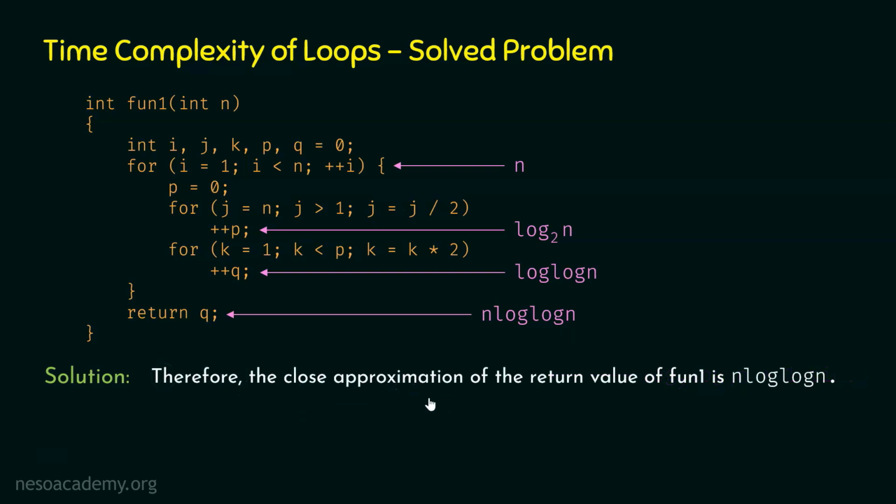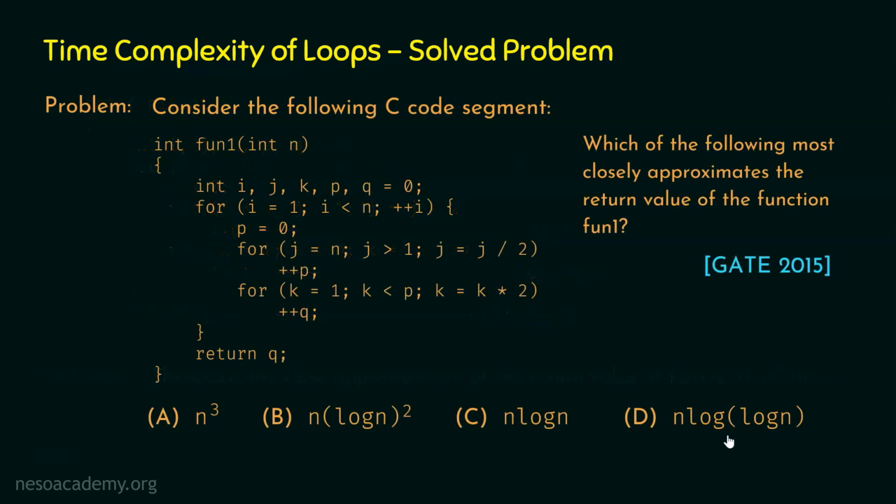Therefore, the close approximation of the return value of fun1 is n times log n. And hence, option D is the correct option. So this is the close approximation of the return value of this function fun1.